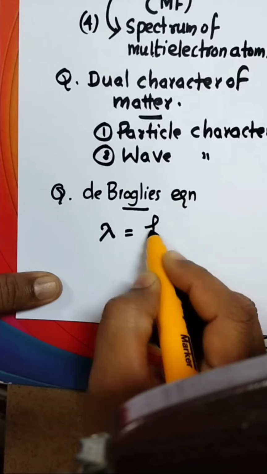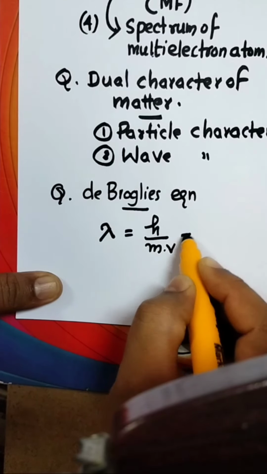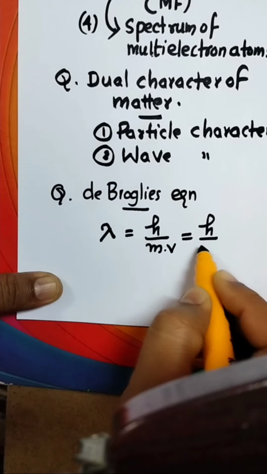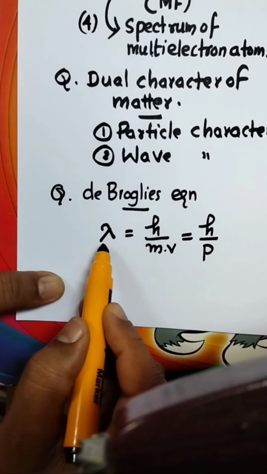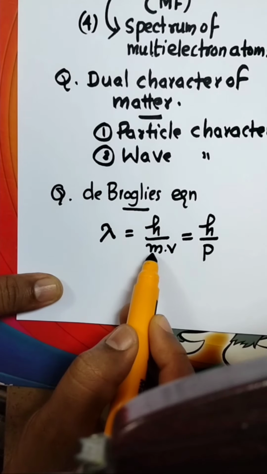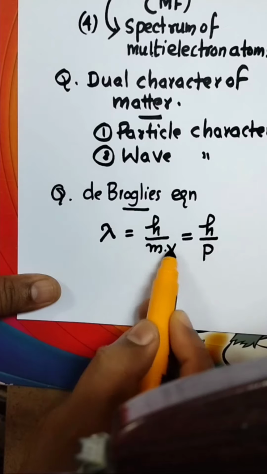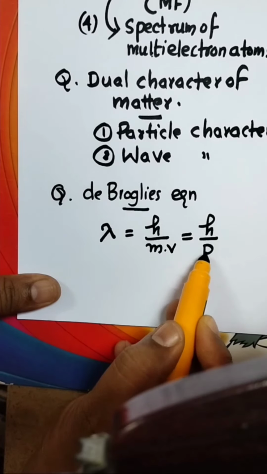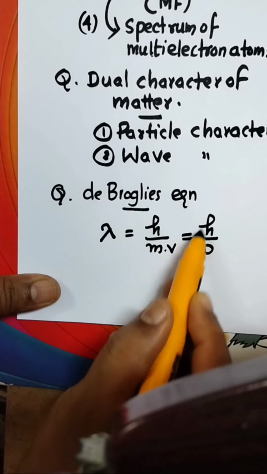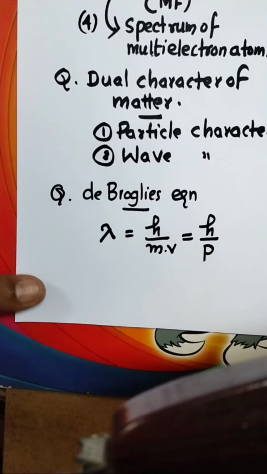Lambda equal to h by mv, or lambda equal to h by p, where lambda is wavelength, h is Planck's constant, m is mass, v is velocity. Instead of m into v, we write p. Therefore, the equation becomes lambda equal to h by p, where p is the momentum.